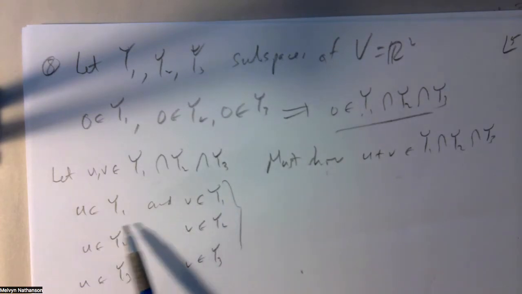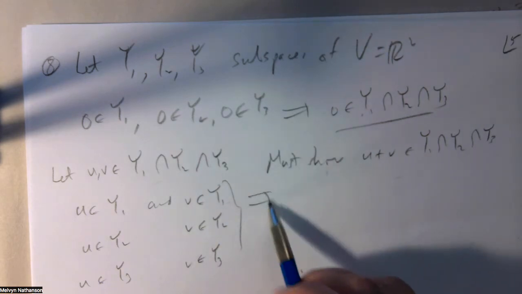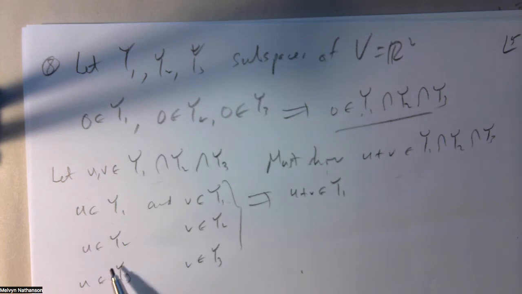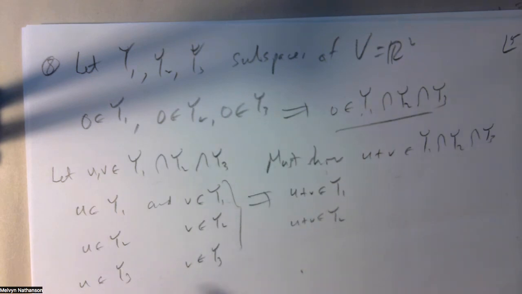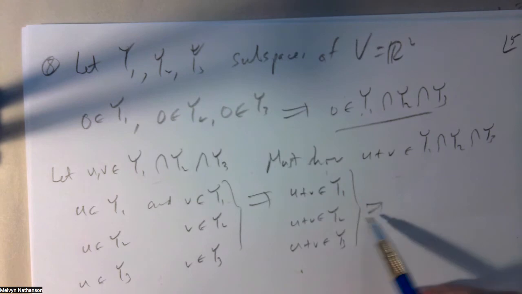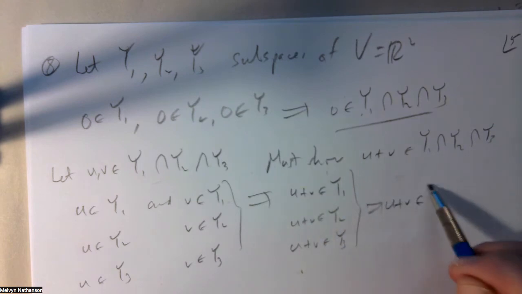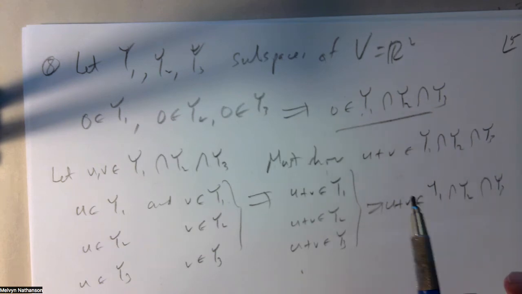But these are all subspaces. So if Y1 contains u and v, then u plus v is in Y1. And if u and v are in Y2, u plus v is in Y2. And if u and v are in Y3, u plus v is in Y3. So u plus v is in all three of these sets. So u plus v is in the intersection.